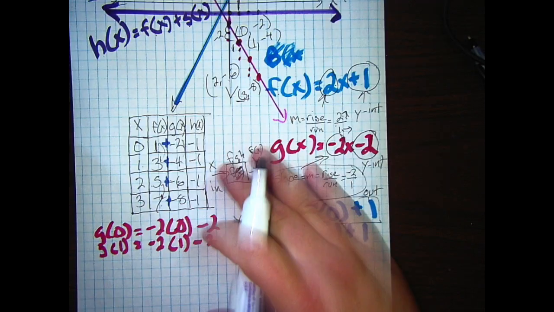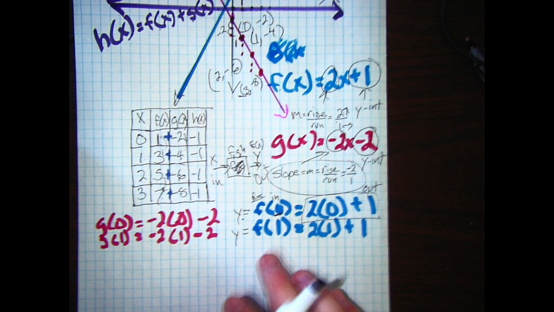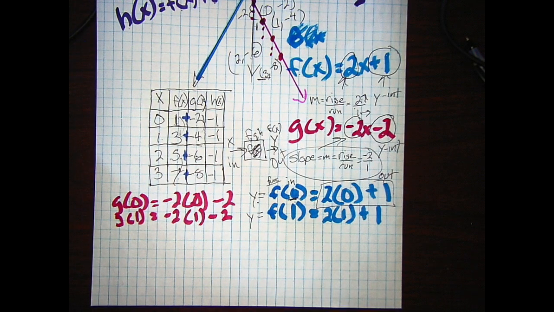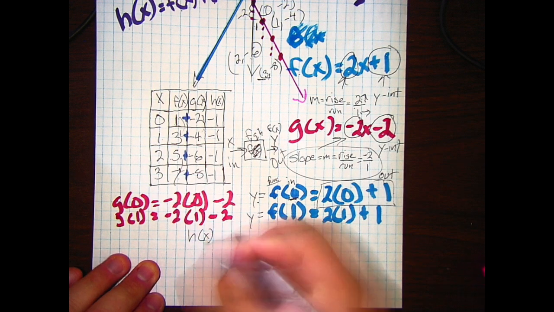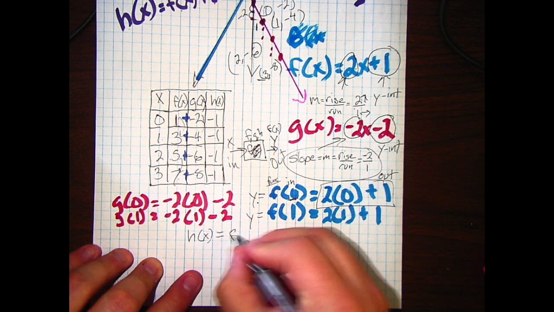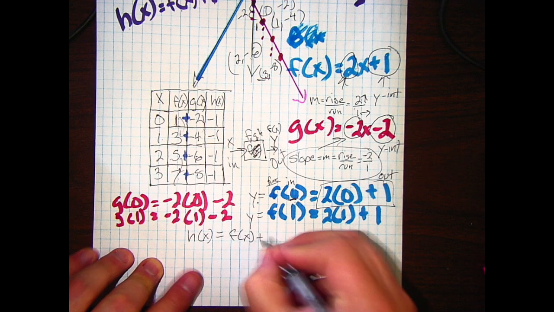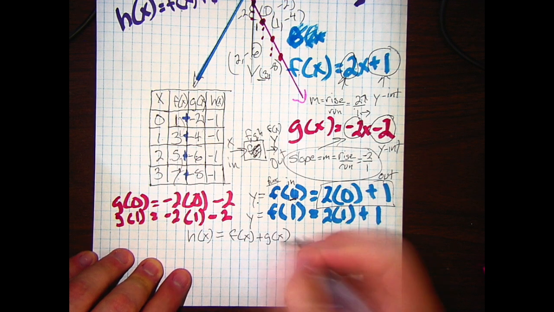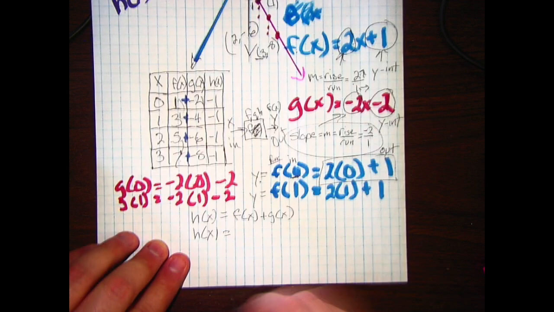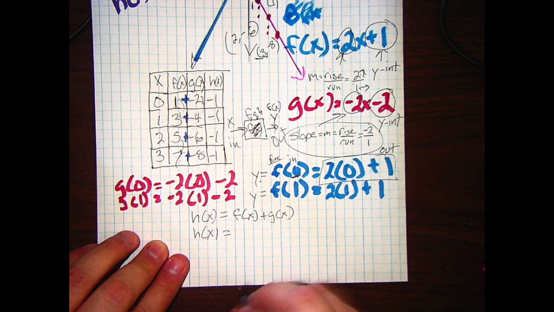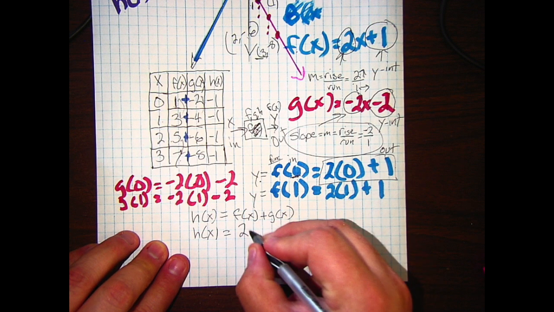Now you guys, are you ready to have your mind blown? Watch this. h of x equals f of x plus g of x. What was the function f of x, though? 2x plus 1.